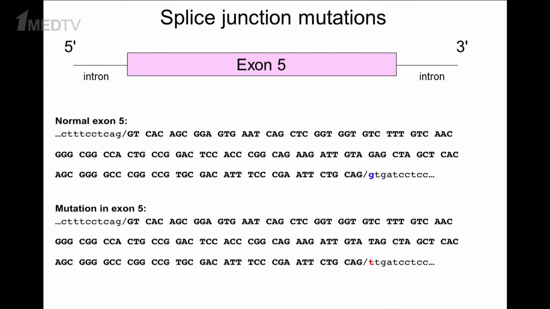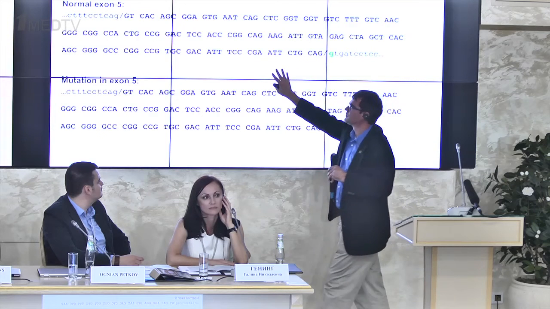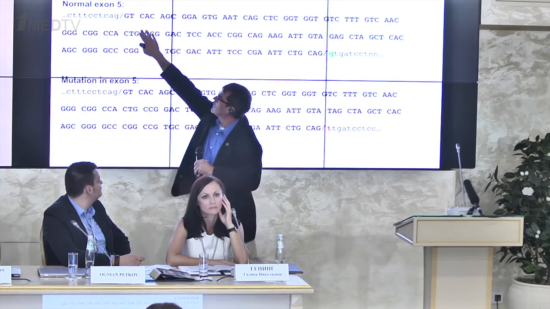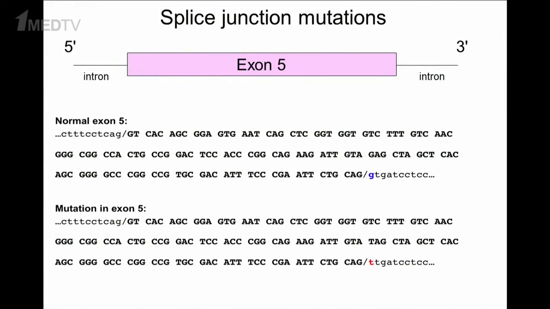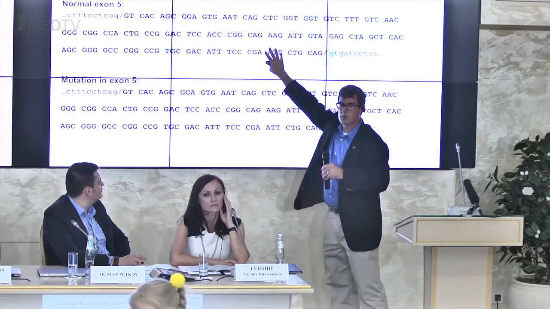A splice junction mutation, so now I have to explain something a little bit different. In black, these are the letters that make up PAX6. The letters over here form the, so this would be the chapter in our book.